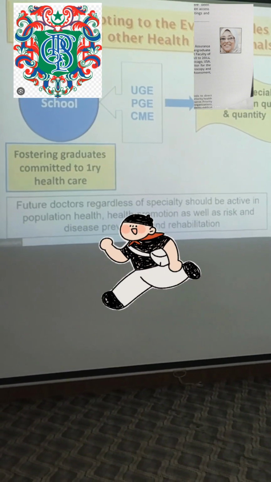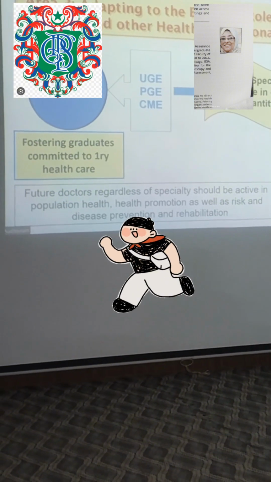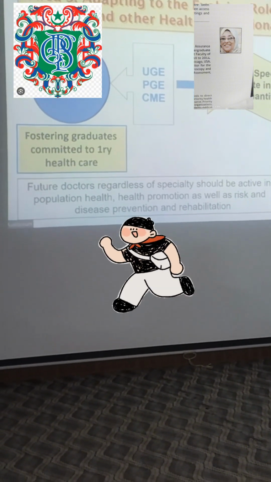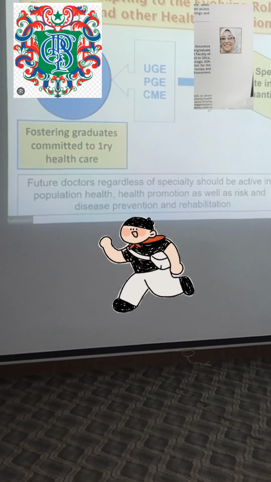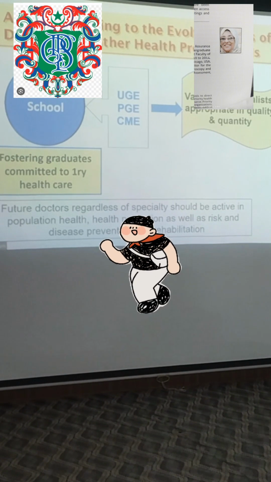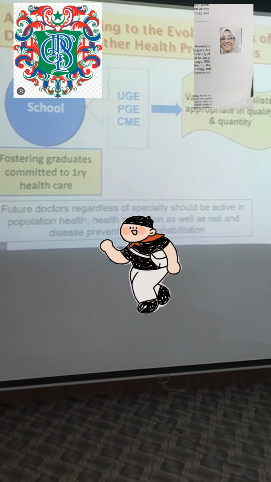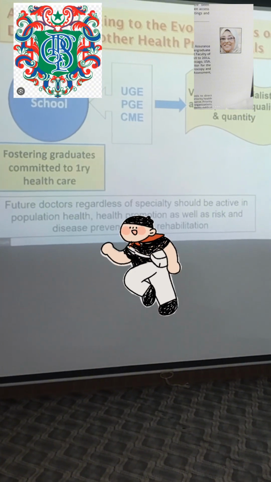And lastly, in this area, the future doctors, regardless of specialty, should be active in population health promotion, as well as risk and disease prevention and rehabilitation, and this should be introduced and integrated in the undergraduate curriculum in a very good way.